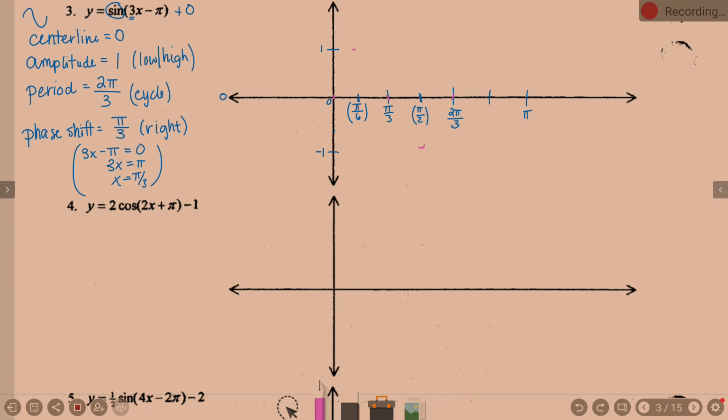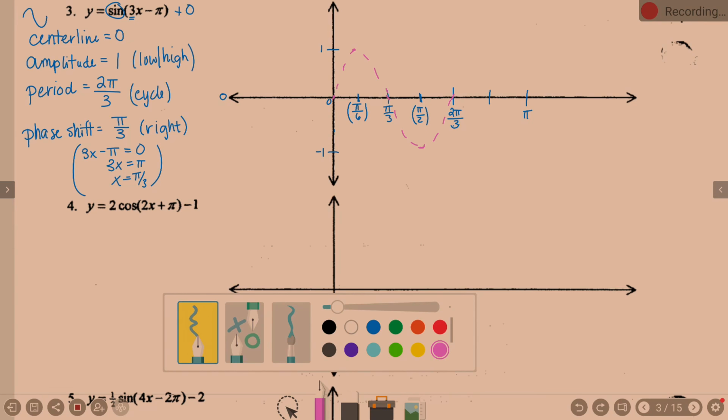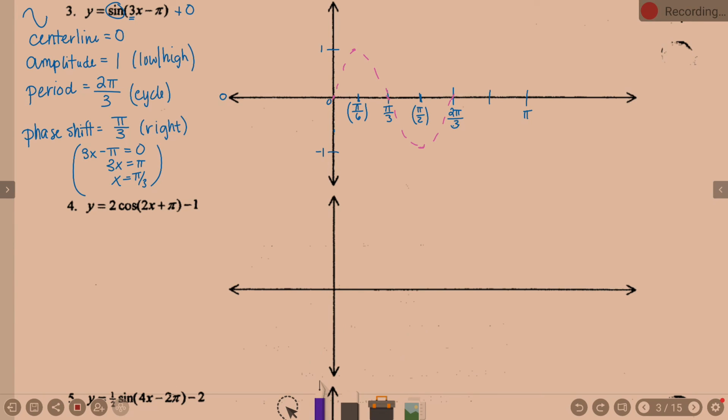Now, I'm just doing dotted lines here, because is that my final answer? No. So now, what am I going to do with each of those marks I just made? Move them over a pi over 3, which technically is 2 ticks if you want. So instead of starting at 0, this cycle is now going to start at pi over 3.